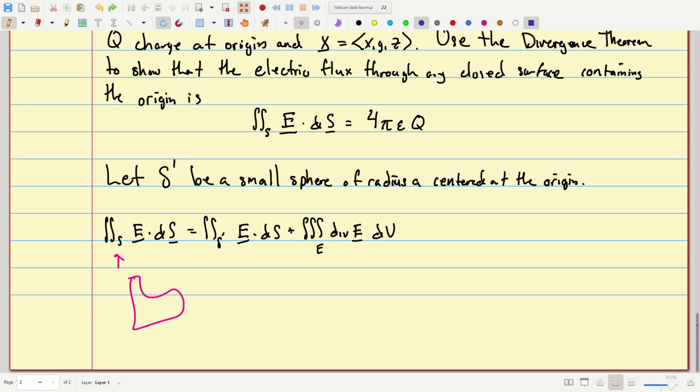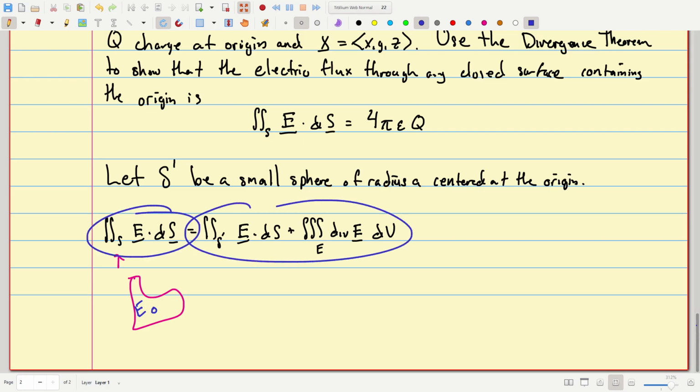Inside of this, I have an S prime that's a tiny circle sitting at the origin. E represents the part of the volume outside of that boundary, and by the divergence theorem, the divergence in that region has to be 0. By the divergence theorem, the sum of these two things has to be equal to this.